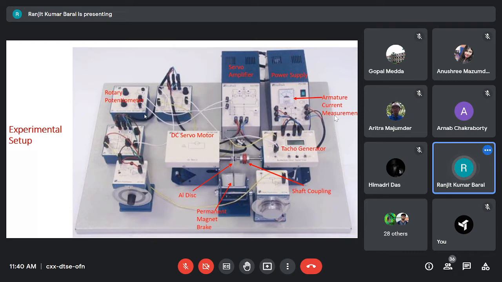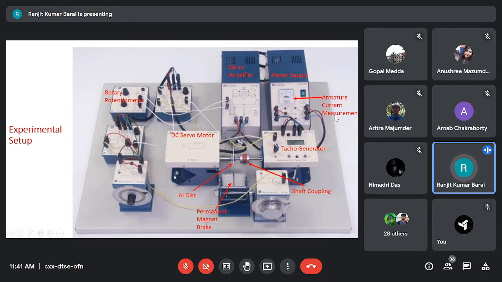That means it cannot give sufficient power to the motor to overcome the initial torque required to move. It cannot overcome even friction, although we are using good bearings, because the torque generated by the signal will be lost in the armature circuit, basically as a voltage drop. So the servo amplifier plays a vital role. Without the servo amplifier, the servo motor cannot work.